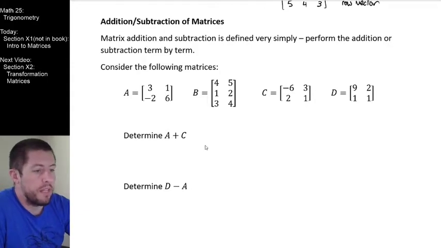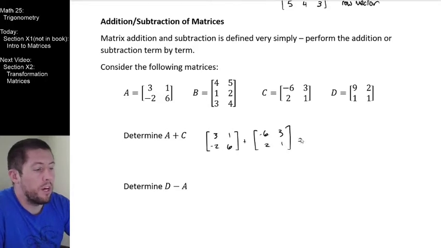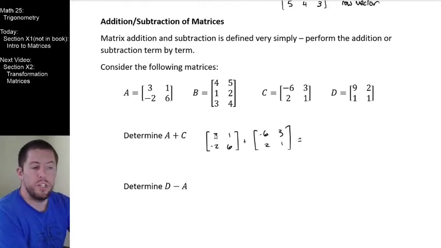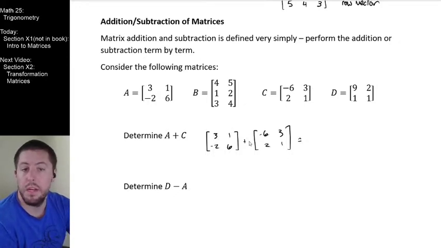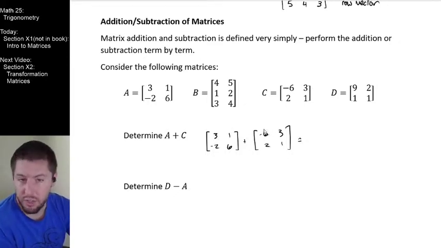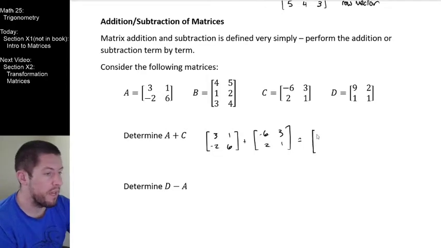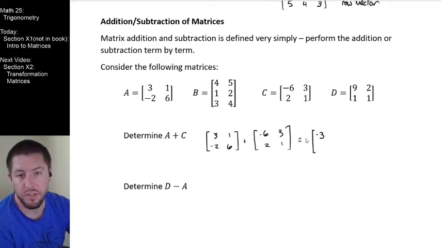So I'm going to set up A plus C, and that means I want to add the matrix 3, 1, negative 2, 6 to the matrix C, which is negative 6, 3, 2, 1. And all we're going to do for addition and subtraction is just do it term by term. So 3 is in the first row, first column, plus -6, which is in the first row, first column, should be giving me -3 as my term in the first row, first column of the resulting matrix, right?